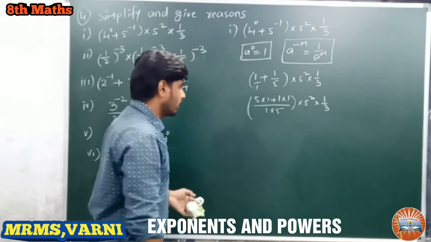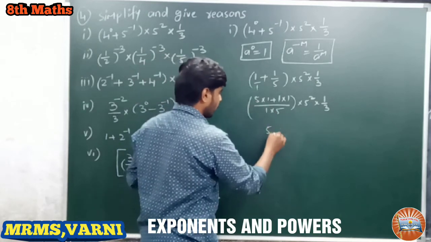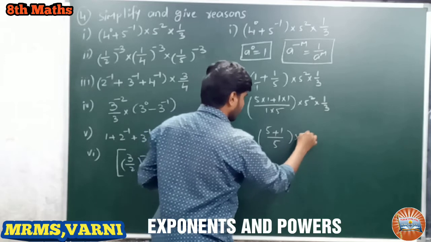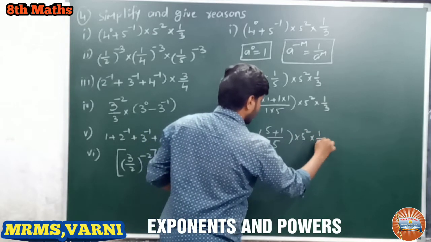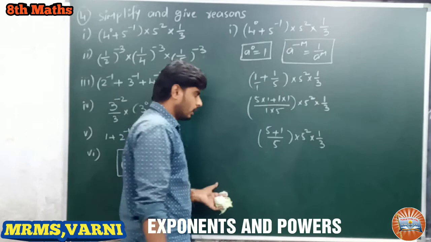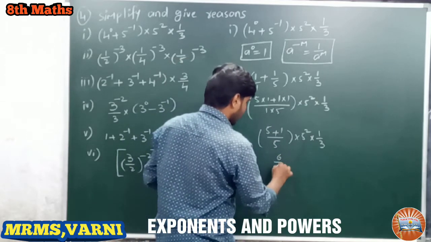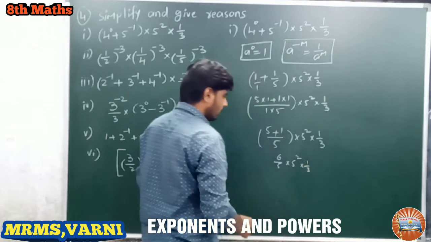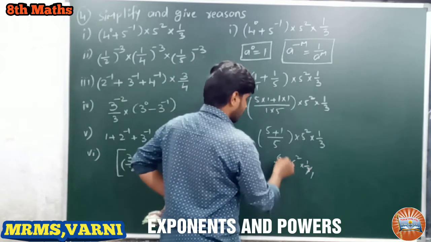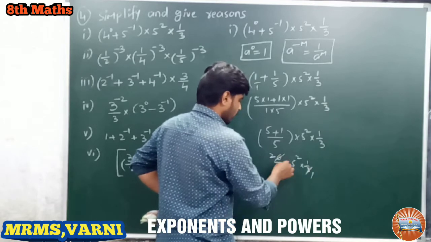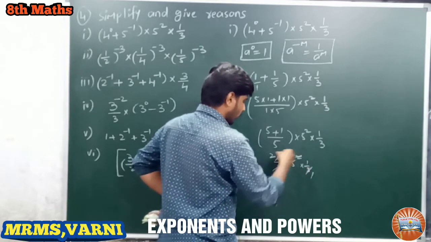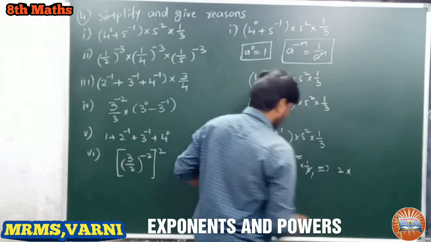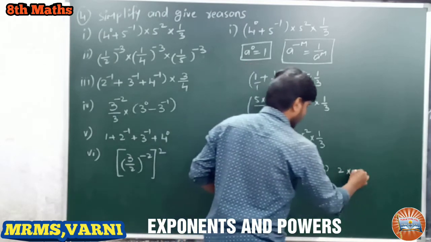Next, 5 plus 1, 6 by 5 into 5 square into 1 by 3. Here 3 ones are 3, 3 twos are 6, 5 ones are 5, 5 cut here. What is the remaining? 2 into 1 more 5 is remaining here.